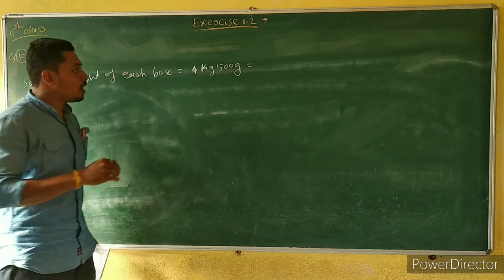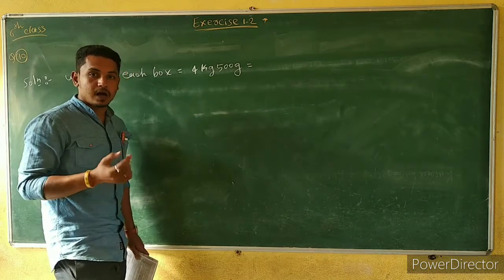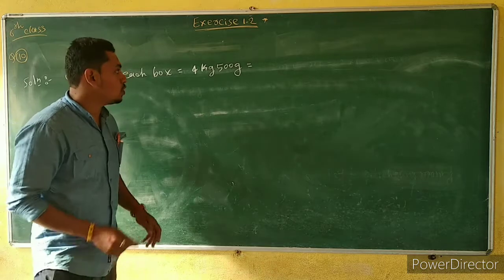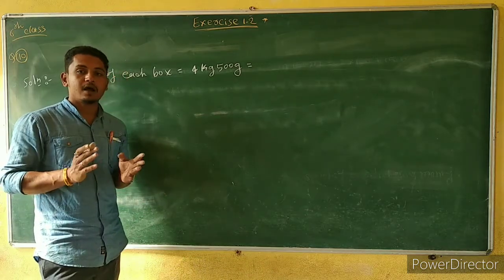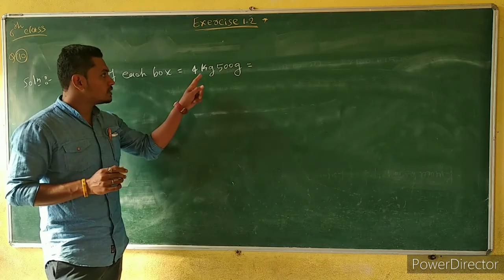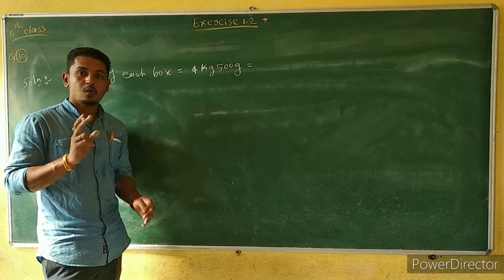Now we have to convert these kilograms into grams. First we have to know how many grams make 1 kilogram. What is the value of kilo? Kilo means 1000.